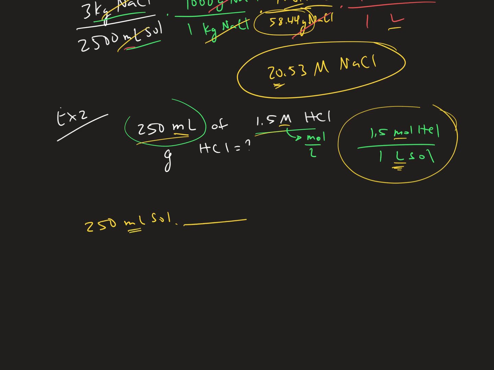And I just wasn't paying attention about canceling. I just went through and I got it wrong several times before I figured it out. So 1,000 milliliters to 1 liter. Hope we're good at that one so far.